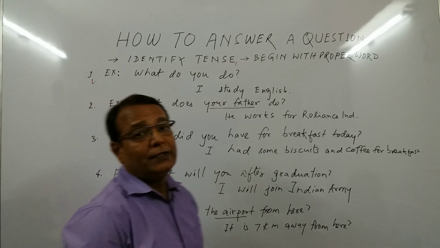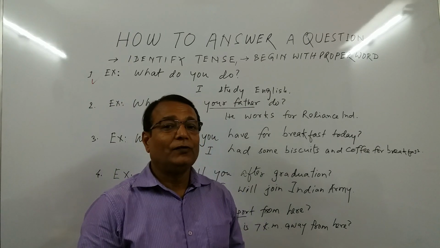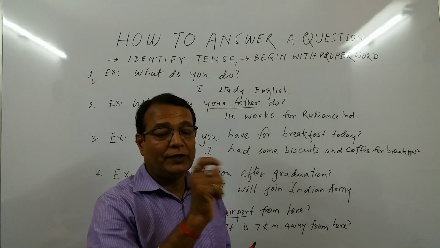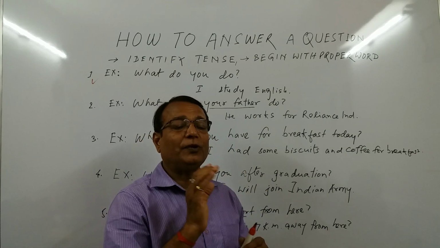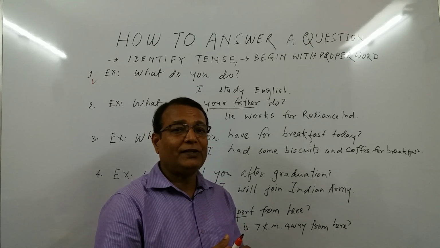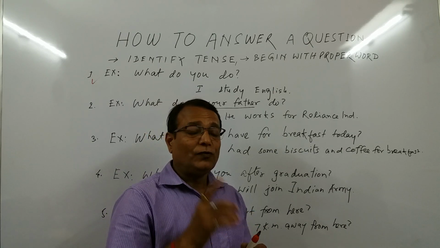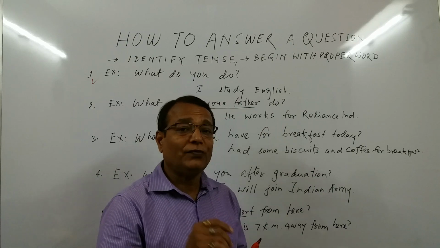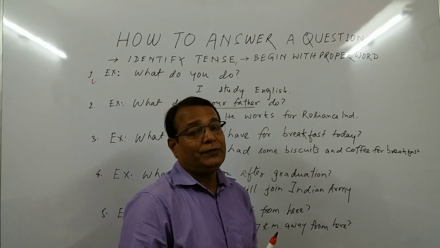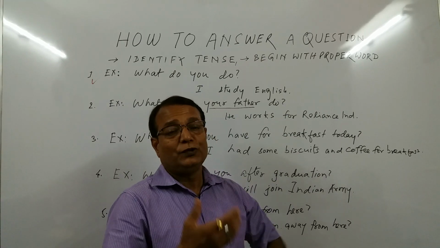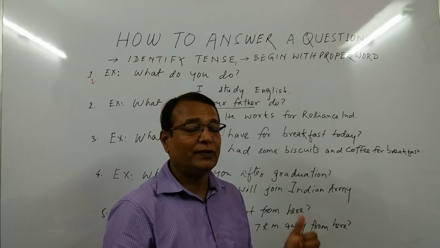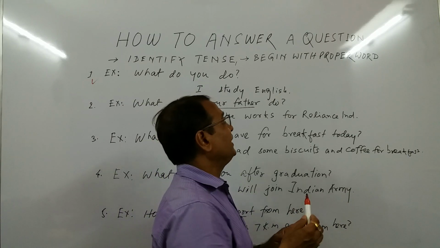Whenever a question is asked, the first thing you keep in mind is to identify what tense it is: present simple, future simple, past simple, or any other tense. So the first thing you have to do is identify the tense. The second thing, begin with a proper word. When people ask you a question, you start with I or they or he or something like that.